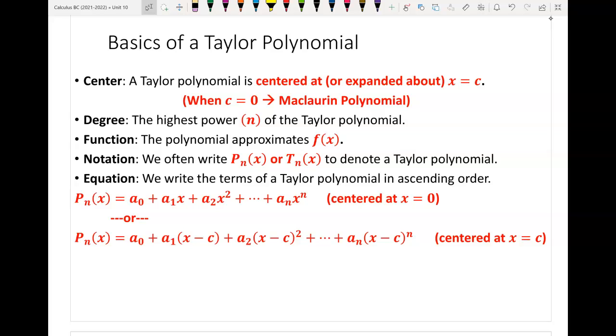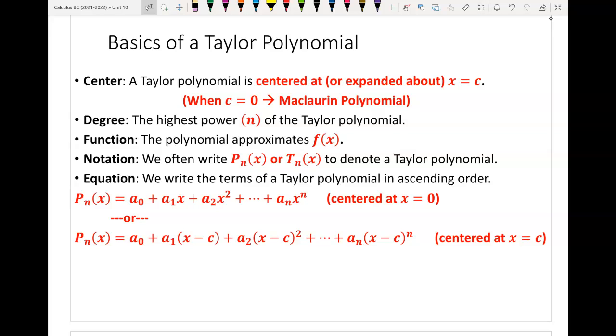Now, if your center is equal to 0, that is a special type of Taylor polynomial called a Maclaurin polynomial. So if you ever see it ask you to find a Maclaurin polynomial, you're just finding a Taylor polynomial with a center of 0. But if we're centered about x equals c, that is our center. That's the place where they share a point, or they kind of agree and match up.